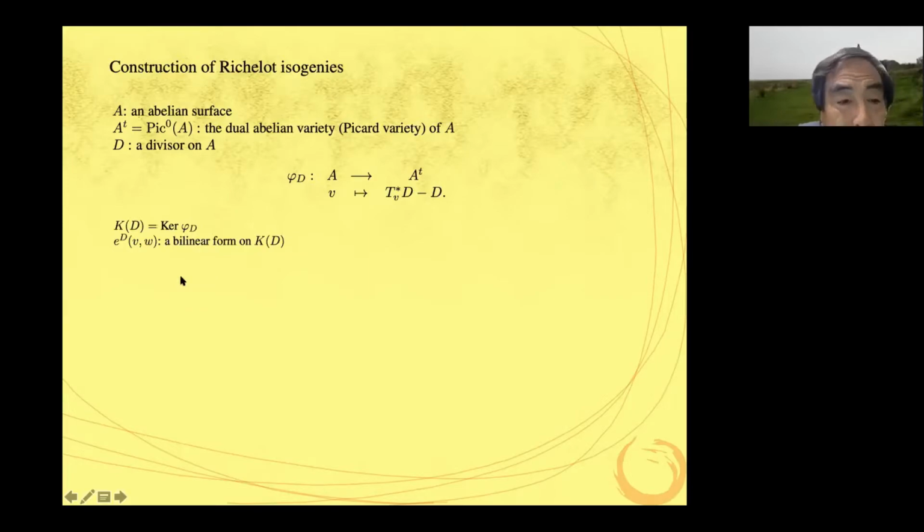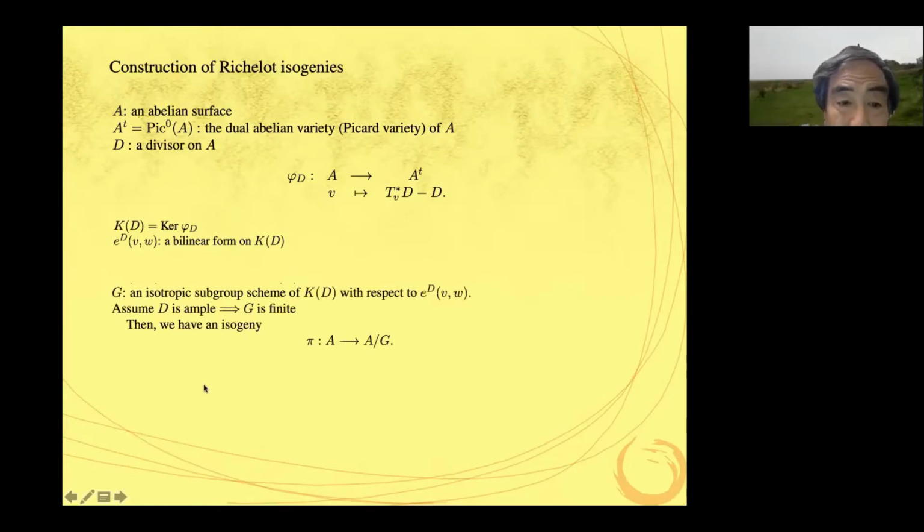Then, by the theory of Mumford, you'll find the theory in the textbook of abelian varieties by Mumford, we have a non-degenerate bilinear form on this kernel.